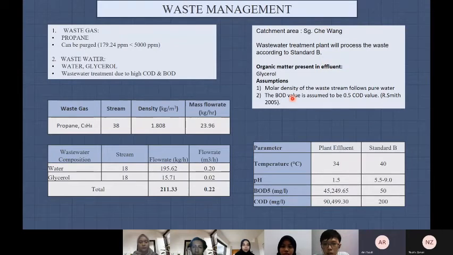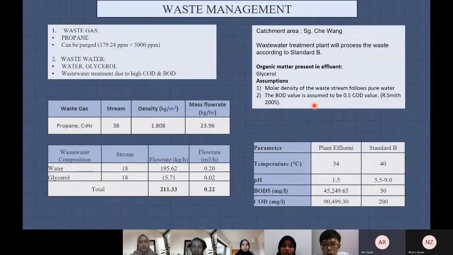The organic matter present in the effluent is glycerol. For assumption, first, the molar density of the waste stream follows pure water. The BOD value is assumed to be 0.5 of the COD value because the glycerol is biodegradable.